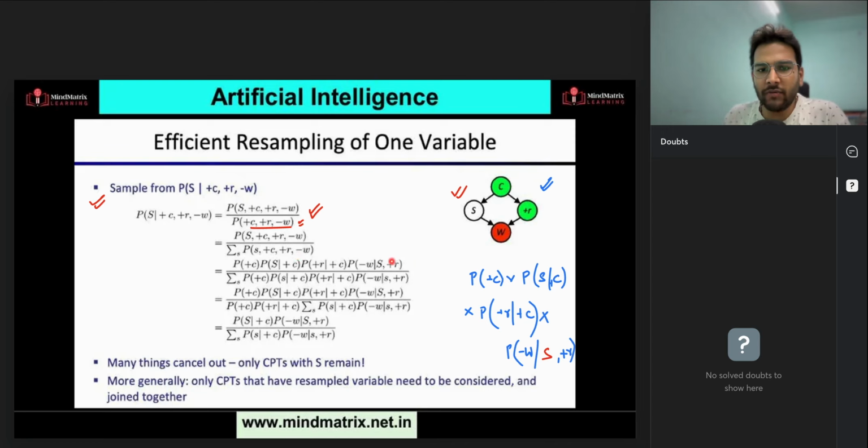Is this clear? That's what we have written in the numerator, using this graphical model.